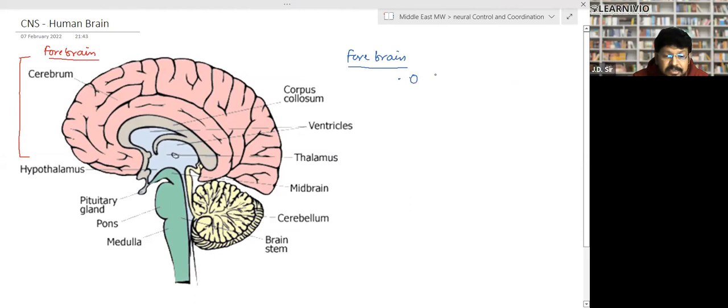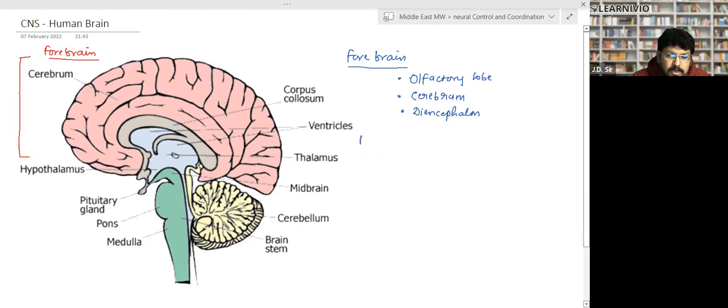Olfactory means smell sensing. Then the cerebrum, which works like the processor of the brain. Then the diencephalon. So the forebrain is divided into three parts: olfactory lobe, cerebrum, and diencephalon.